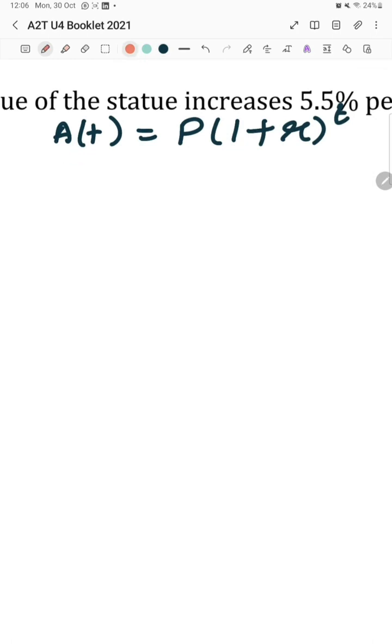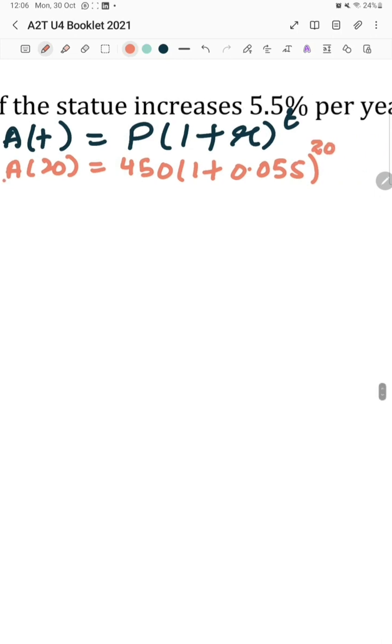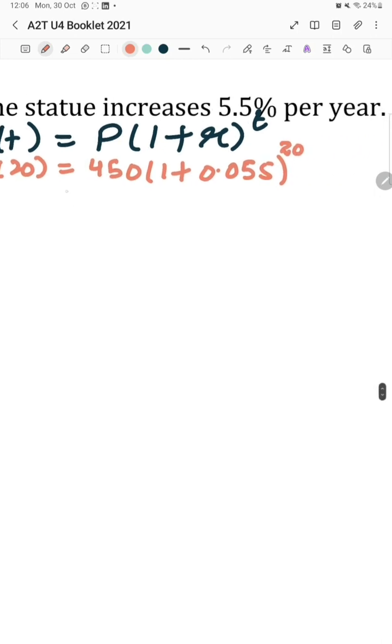Okay, so now solving it. What is A of t? We need it after 20 years. The principal amount was 450, 1 plus r is 1 plus 0.055, and t is 20. So we need to find A of 20. Very simple, use your calculator.